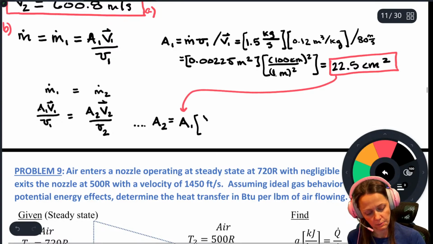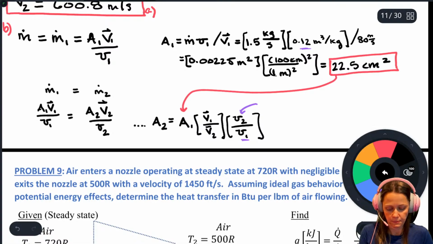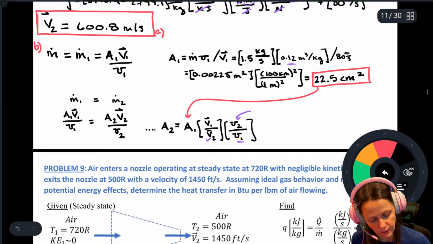So this is going to be the velocity at 1, velocity at 2, and of course a specific volume there as well, V2 over V1. V1 I already got, that's the 0.12. I calculated the velocity at 2 to be 600.8 meters per second. So I got that, this was given to me, I calculated that.